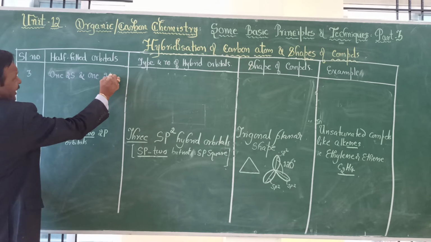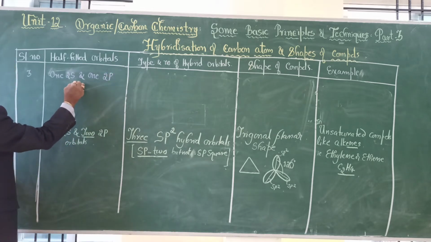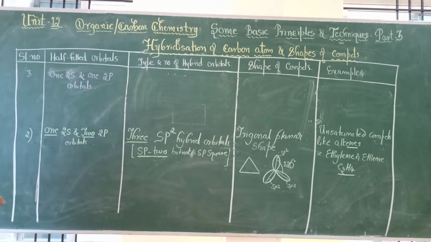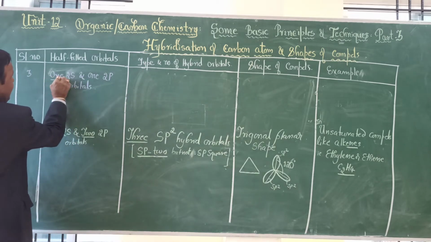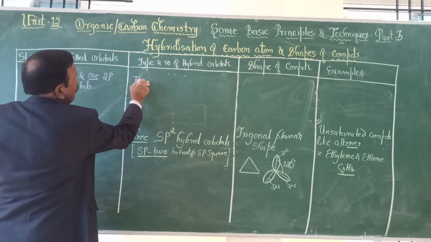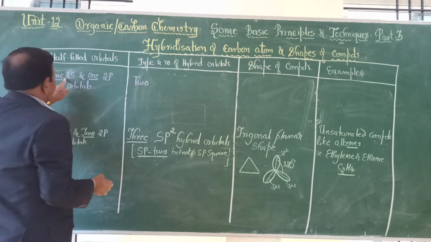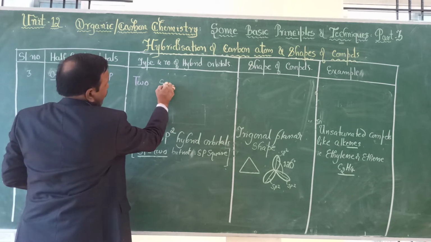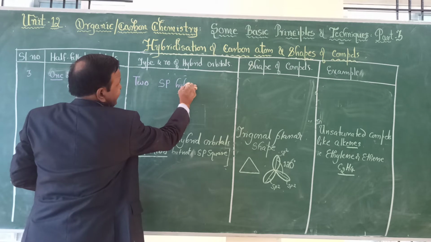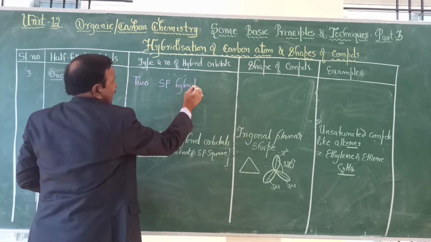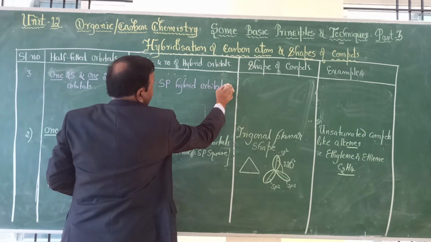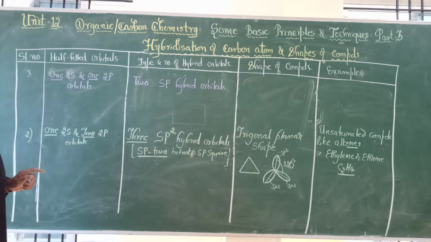Only one s and one 2p orbital. So 1 plus 1, you will get here 2. S and p only are there, 2 sp hybrid orbitals. Here there is no choice.